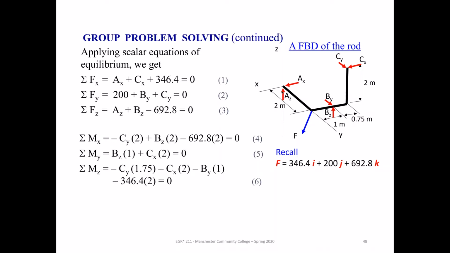These two are right along the x-axis, so they don't contribute at all to the moment about the x-axis. Also CX is parallel to the x-axis, so that doesn't contribute anything either. So what you're left with is the CY times the distance, which would be the vertical distance here. So that's times 2.